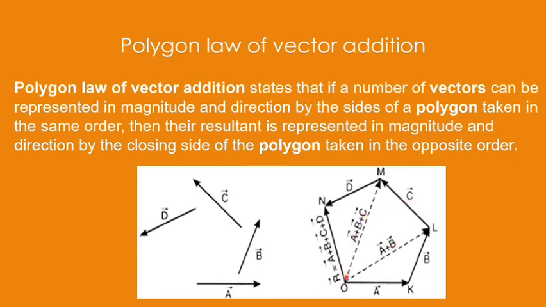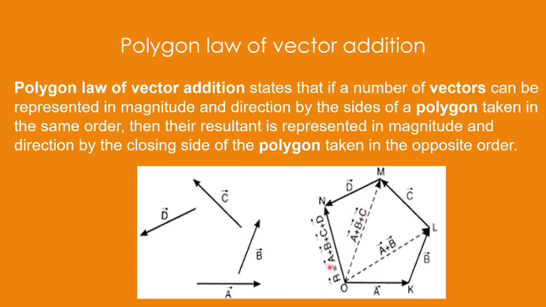Now if you see this triangle OMN, then again you have to apply the triangle law. OM plus MN are both in the same order, so this will be given by the resultant R in the opposite order. As a result, the R vector is OM plus MN, but OM is A plus B plus C vectors.